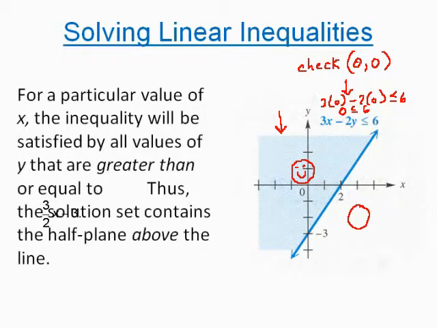Now, if you would have picked a point over here and tried it in our problem, this would not have been the happy side. Let's just do it for fun here. Let's take the point 3, 0. If we had our original problem here, and it would work in the slope-intercept form as well, notice if we put 3 in for x and 0 in for y, we get 3 times 3 is 9 minus 2 times 0 is 0, is less than or equal to 6.